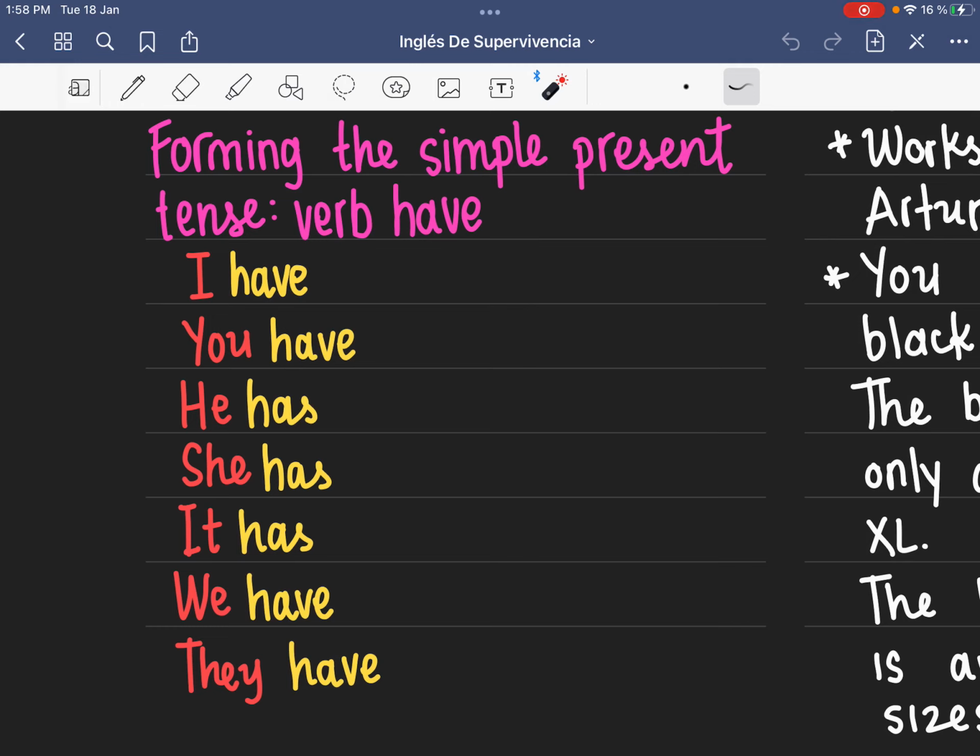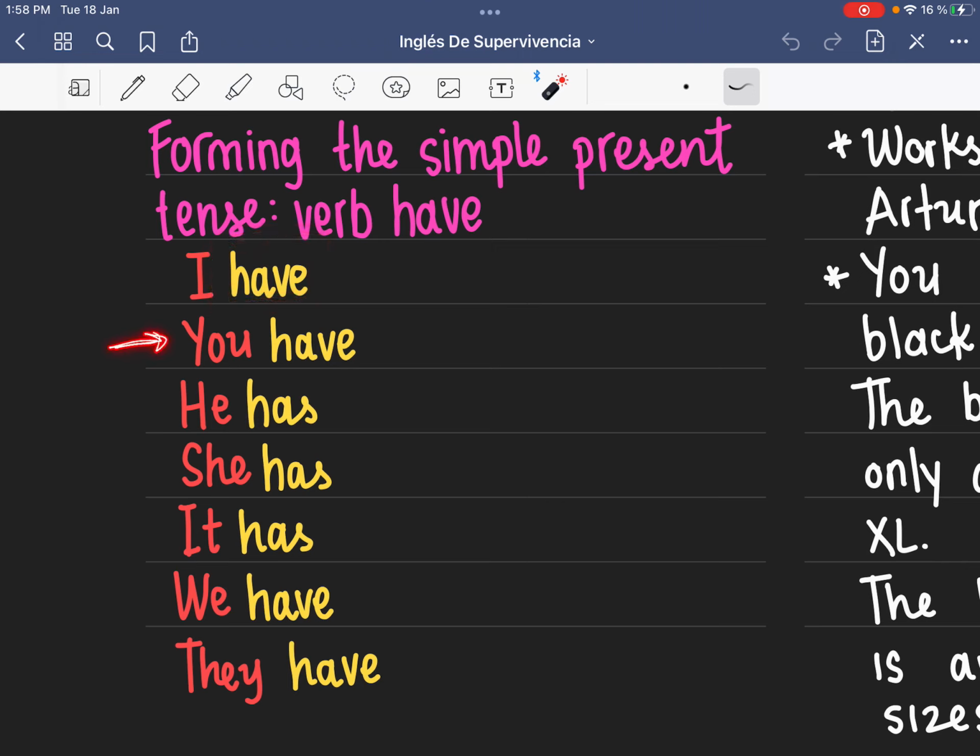For first person singular, para primera persona singular, I have. Entonces, so, if I ever want to use the verb have with first person, I will use it in this form. Entonces, si en algún momento quiero usar el verbo have con este pronombre, siempre lo voy a usar en presente simple de esta manera.